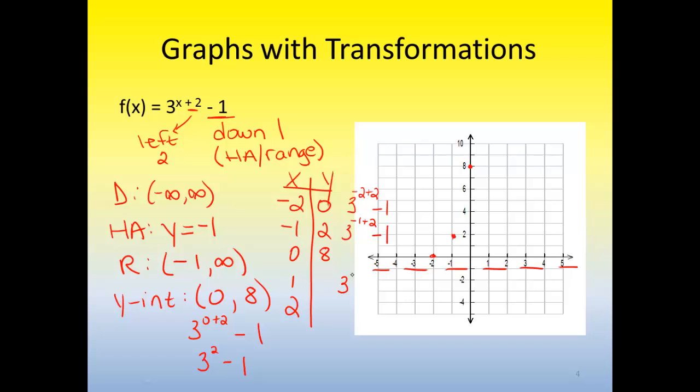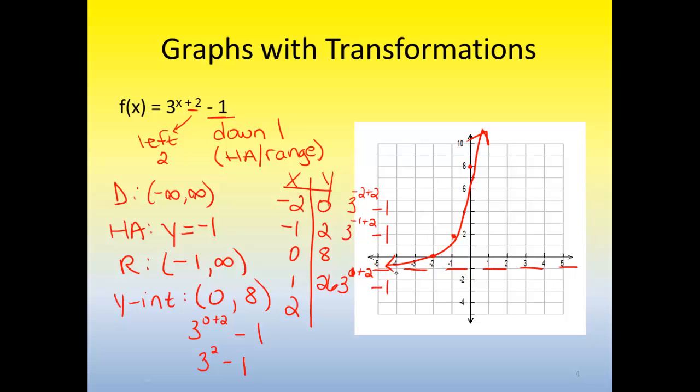At 1, you get 3 to the 1 plus 2. That's 3 to the third, 27 minus 1, 26. That's way off our grid. We're going to run out of space here.